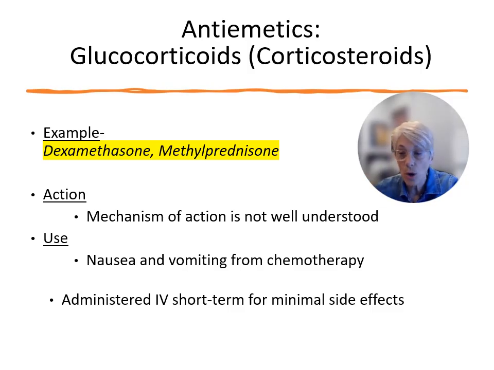But we know some of the side effects that we might have, and that would be increased blood sugar. We don't want to normally stop really quickly because we could have some adrenal dysfunction, right, by cutting them off too quick. But otherwise, not quite sure how they work, but they do work.